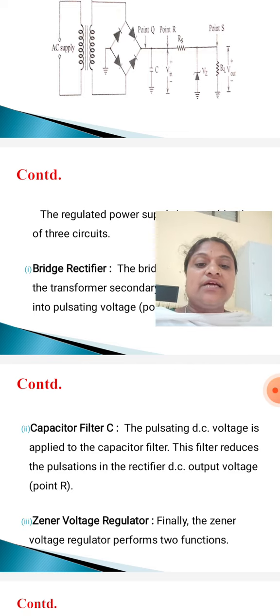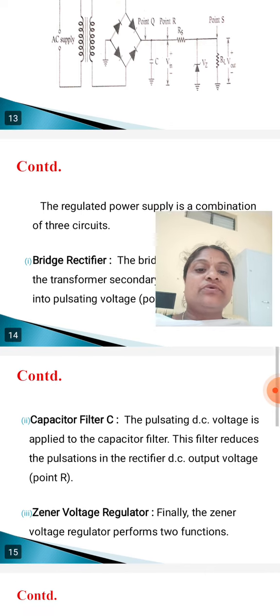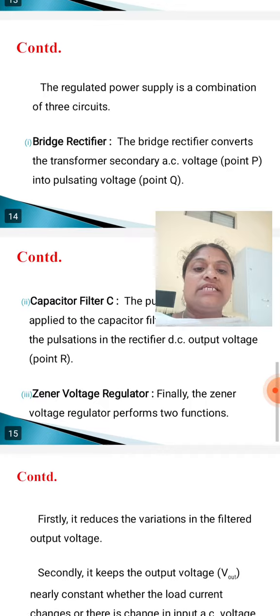Finally, the Zener voltage regulator performs two functions. The output of the pulsating DC is applied to the Zener voltage regulator.